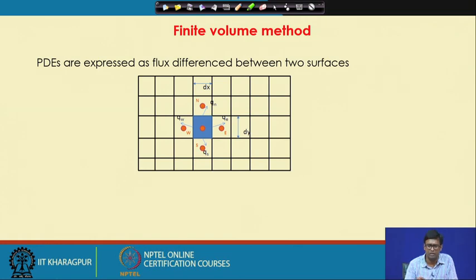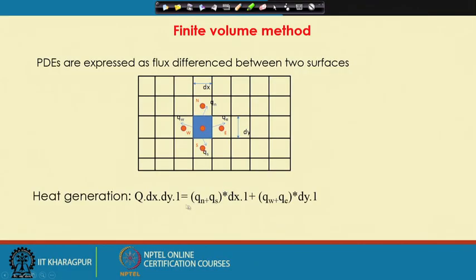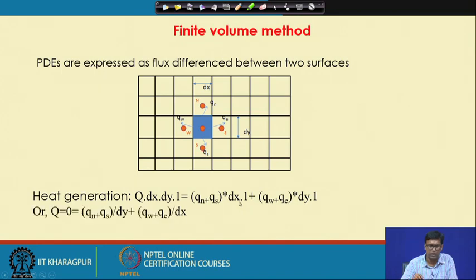Heat generation within the volume is equal to heat lost as fluxes from the CV surface. So, we calculate fluxes from each of the cell surfaces, and heat generation is equal to the net heat fluxes out of the volume.